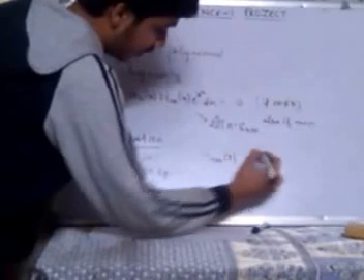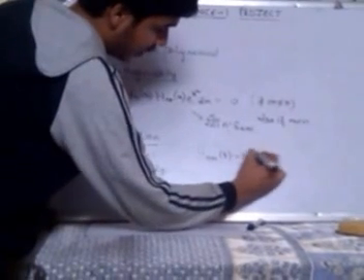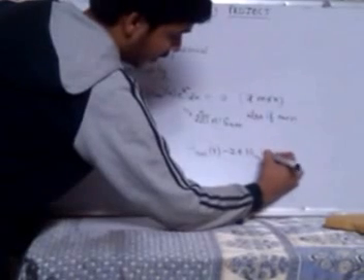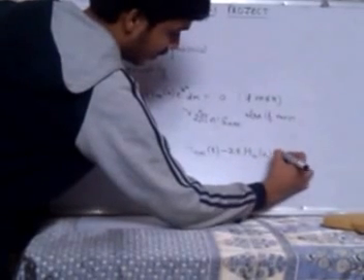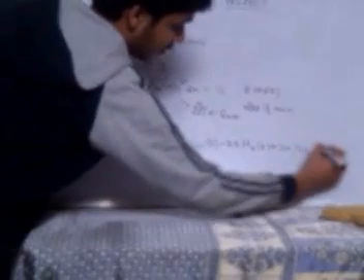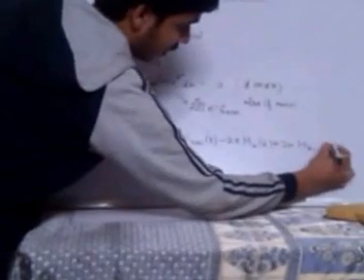The recursion relation which is satisfied by this is H n plus 1 of t minus 2t Hn of t plus 2n H n minus 1 of t is equal to 0.